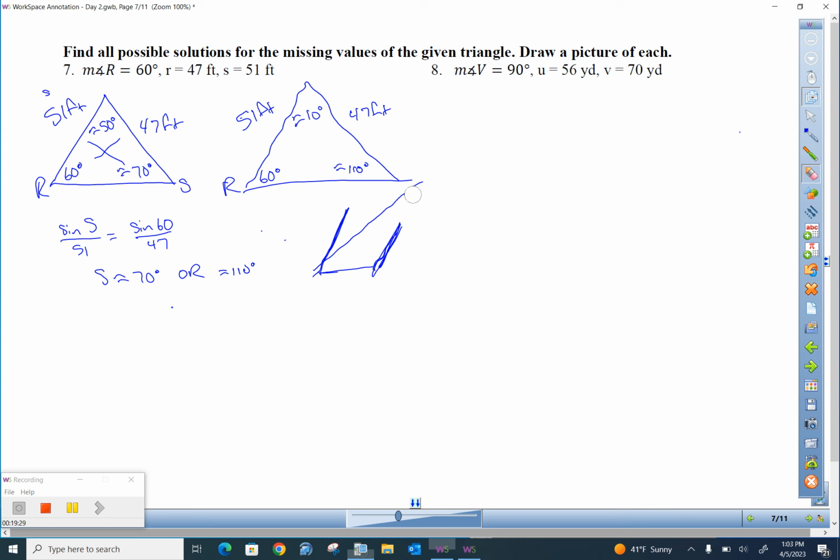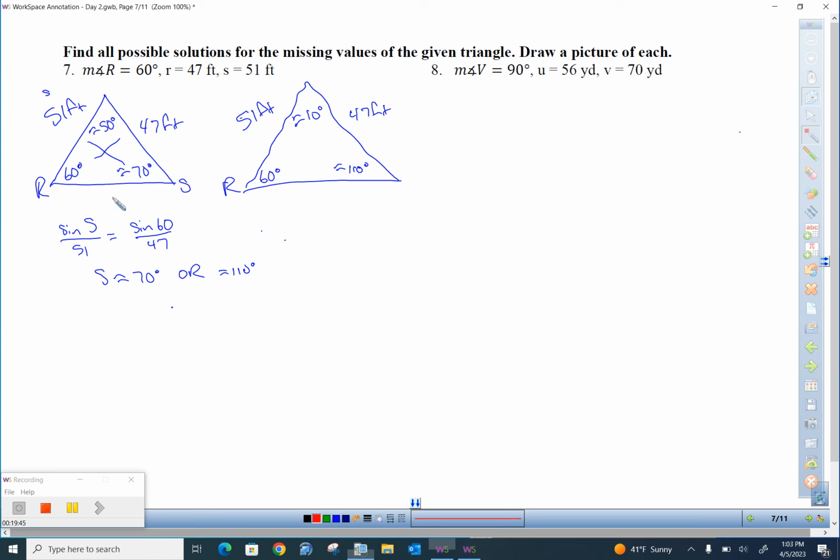Okay? That's a big reason why I'm not having you spend the time to draw them accurately, because sometimes those angles, when they get super obtuse, are really difficult to draw where you can actually fit the numbers in there still. Okay, but I want all of the missing values, which means I have two things left.